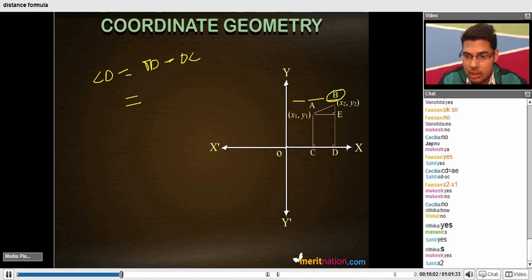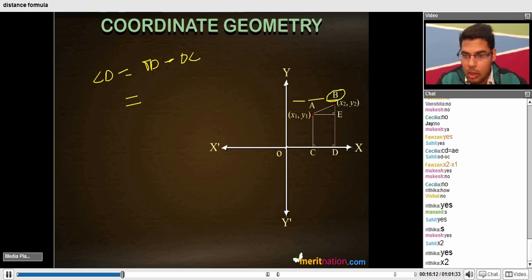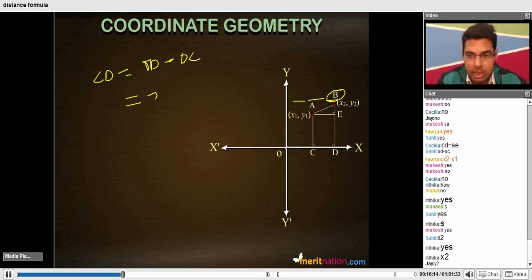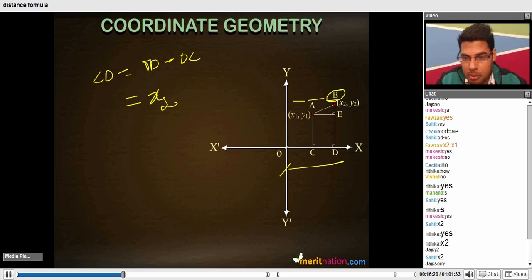Yes, Ritika? What is the value? Is it x2 or y2? OD is x2, absolutely. Why x2? Because this distance we are measuring along the x-axis.